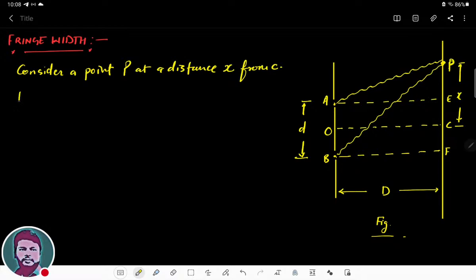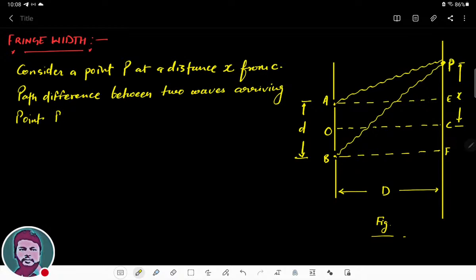Path difference between two waves arriving at point P. What is the path difference? The path of this wave starting from point B is BP and the path of this one from A is AP.